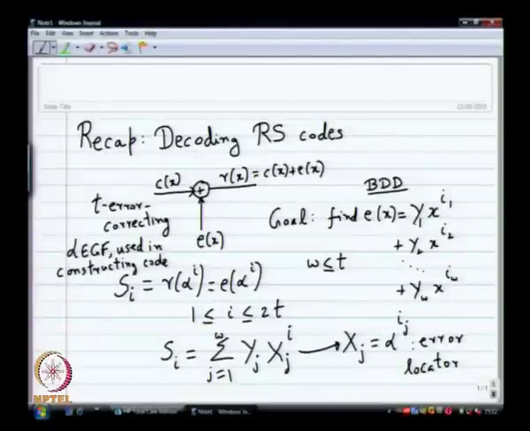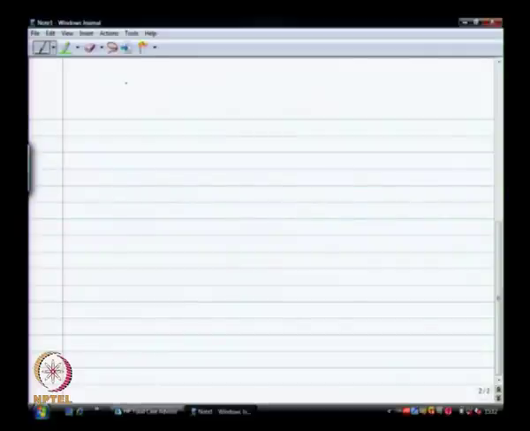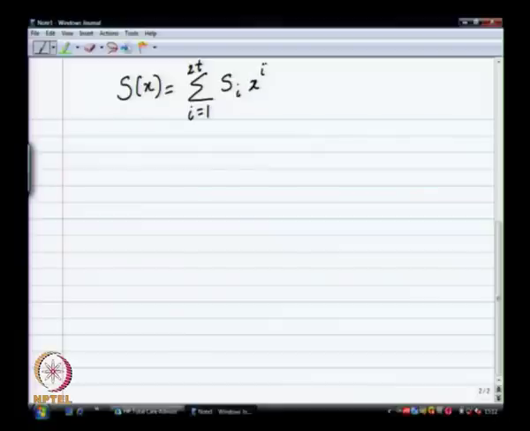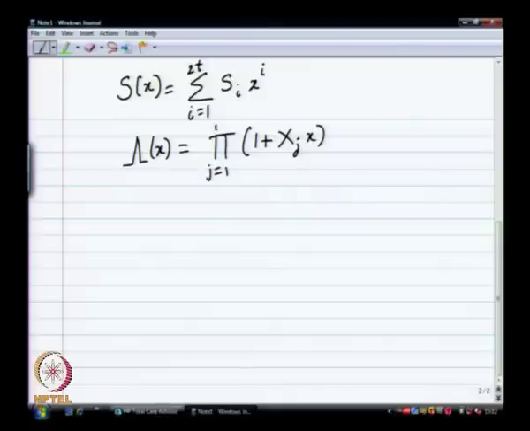So the main trick is to once again think of polynomials and define a syndrome polynomial, which is the sum of Si x power I, and then also define an error locator polynomial, which is the product of 1 plus xj x, for j equals 1 to w.